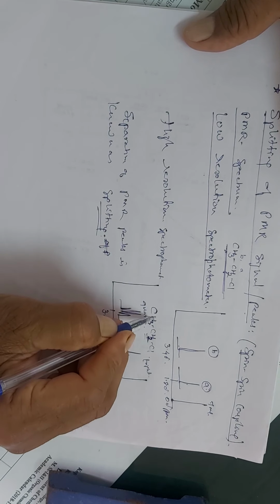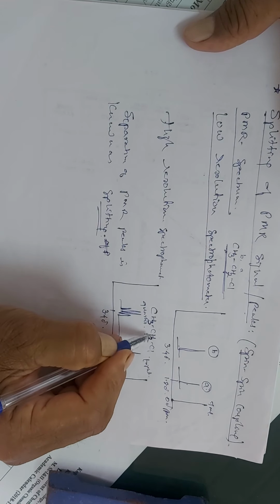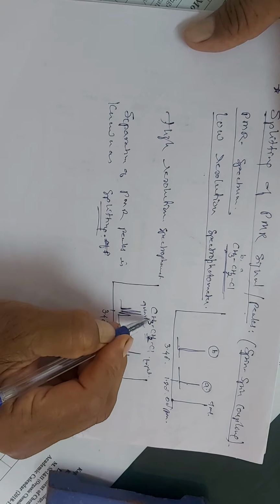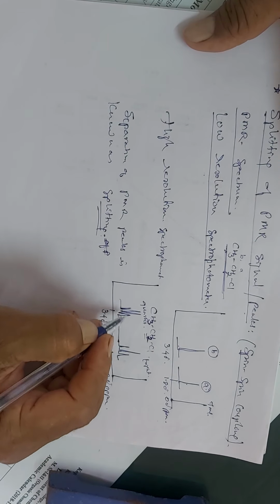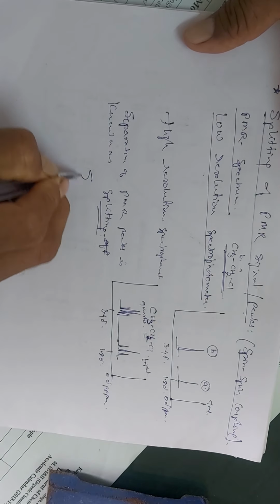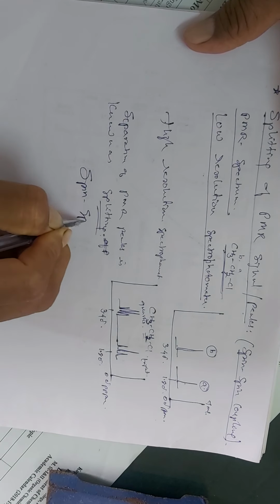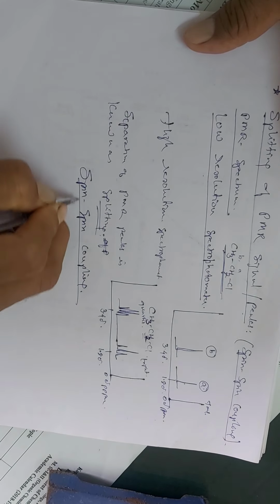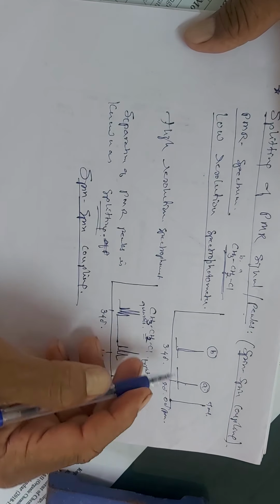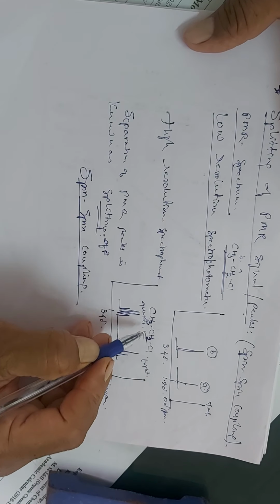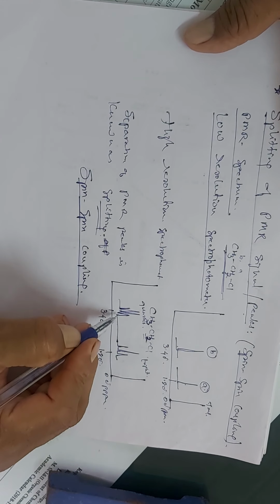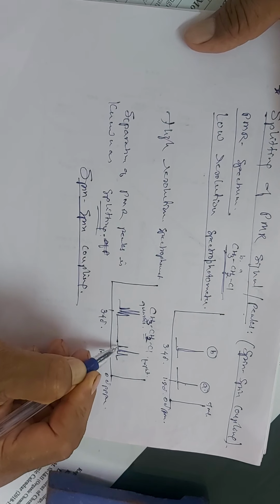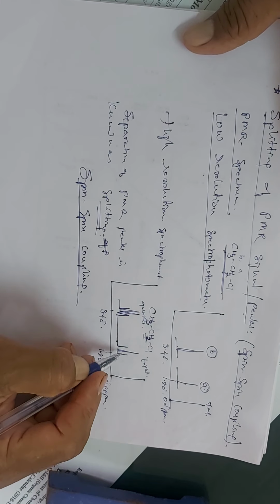The spinning of these three protons interacts with the spinning of these two protons, and in the same way these two interact with these three, and that's why there is spin-spin coupling. Due to this spin-spin coupling, when the spinnings of these different kinds of protons interact with each other, it splits the signals into different patterns.